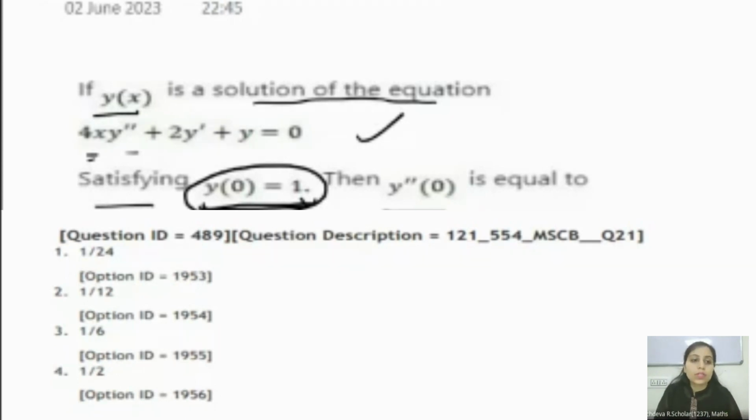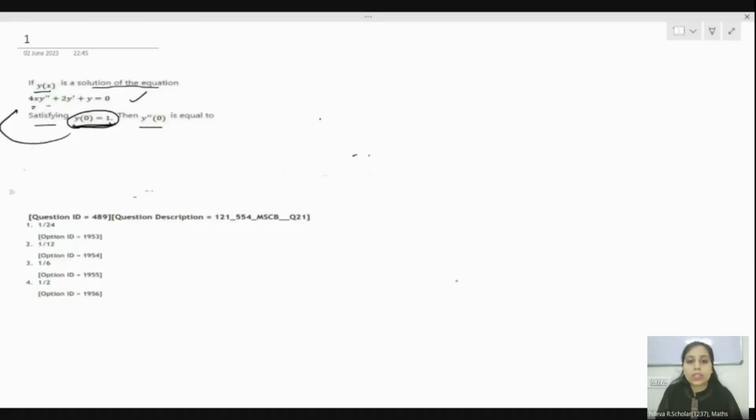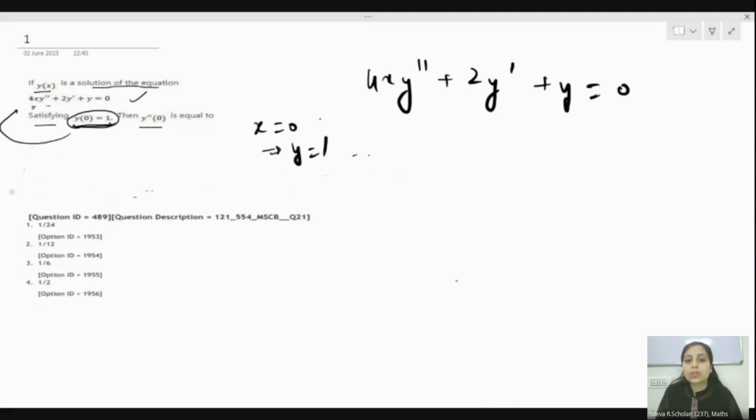So just substituting this back in this equation, we have 4xy'' + 2y' + y = 0. When we substitute y(0) = 1, this means x is equal to 0, then y is equal to 1. So here x equal to 0 gives 0, plus 2y'(x), here x equal to 0, plus y(0) = 0.